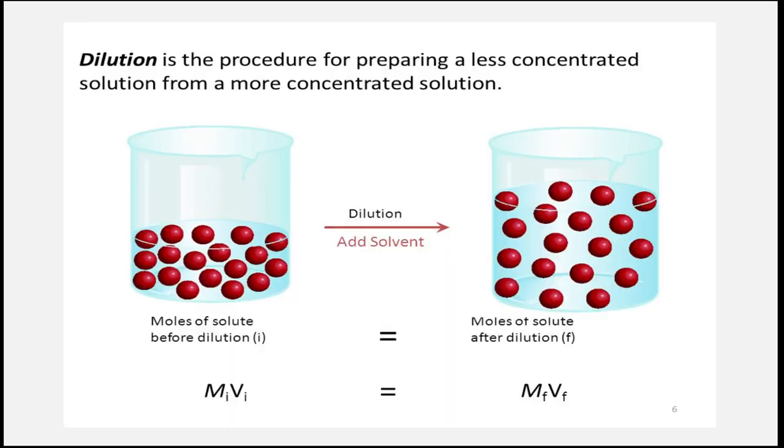A dilution is a procedure for preparing a less concentrated solution from a more concentrated solution. We can see from this diagram that the number of moles of solute before and after is the same. We've just added more solvent to decrease the concentration.